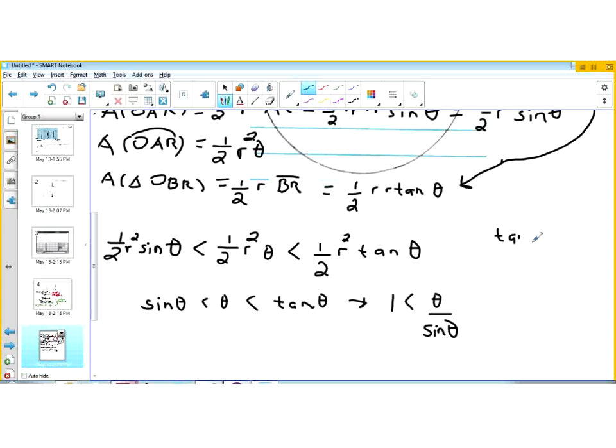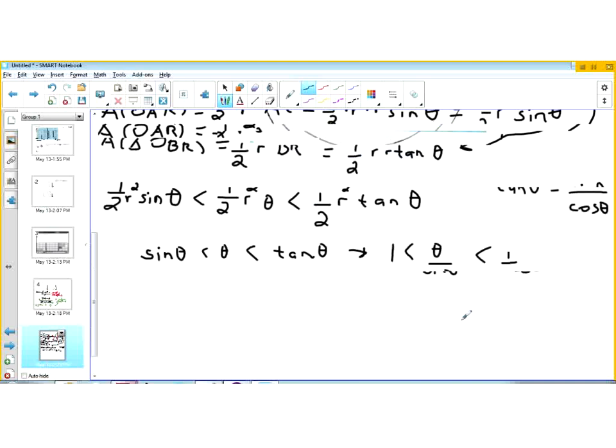Tangent theta is sine theta over cosine theta, by definition. If I take tangent theta and divide it by sine theta, I'm left with 1 over cosine theta. Okay, so I have that.